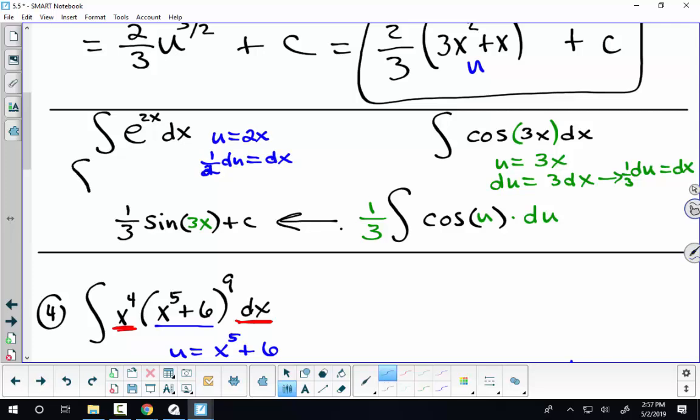So this turns into the antiderivative of e^u, and then our 1/2 du is dx. So we can see hopefully clearly that that's going to give us 1/2 e^(2x), or 1/a e^(ax). So anyways, the ones on your table can be viewed as a u substitution.